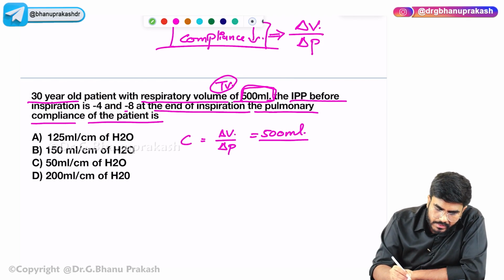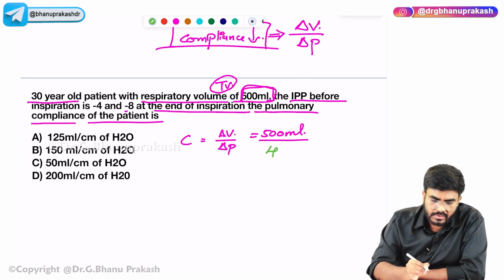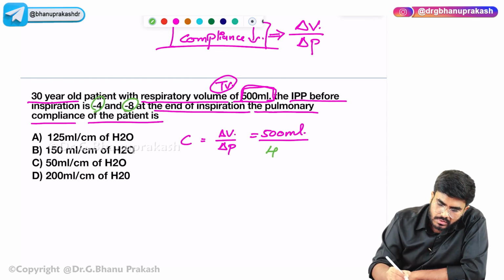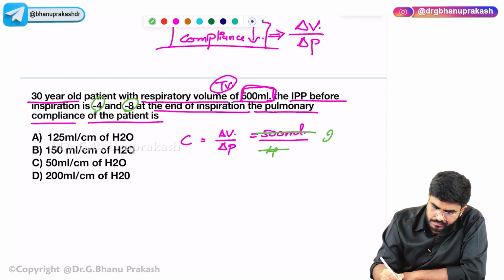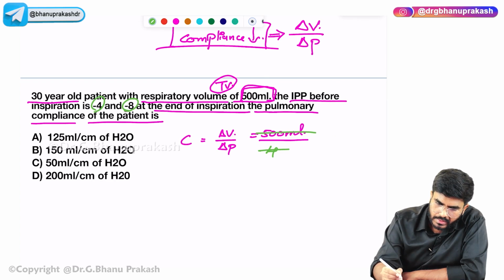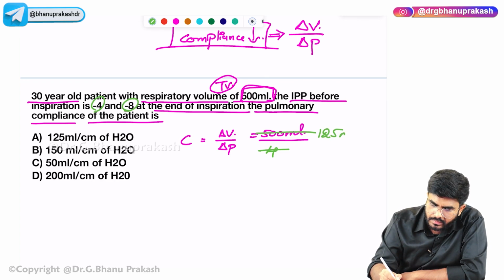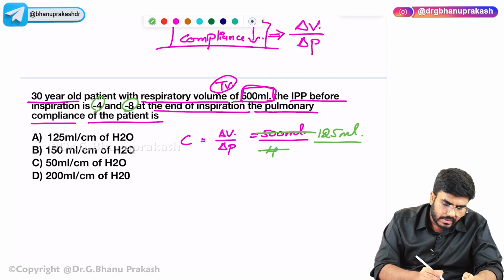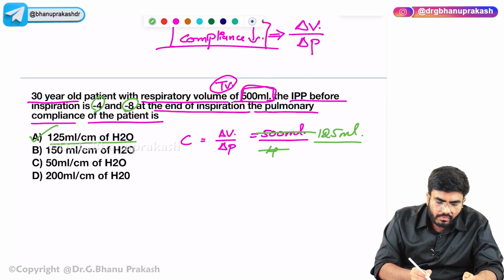So here delta P is 4. So the answer is 125 ml per centimeter of water.